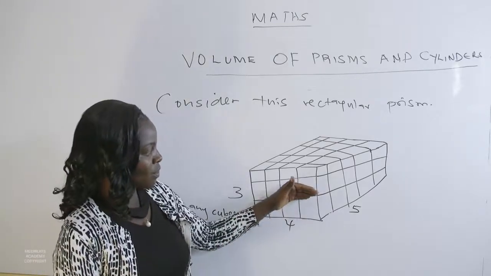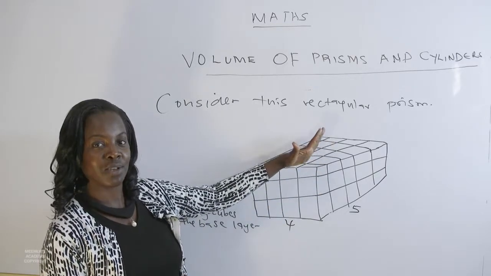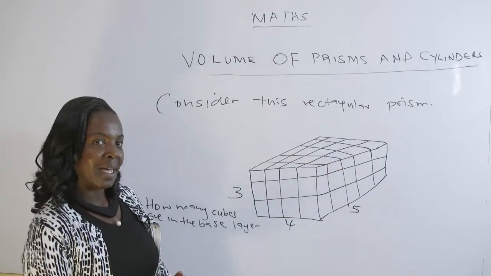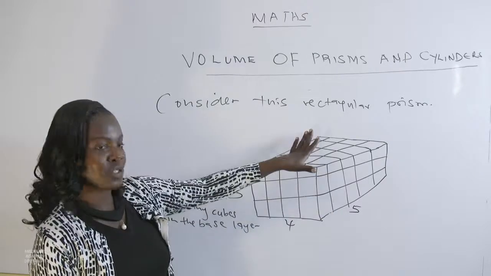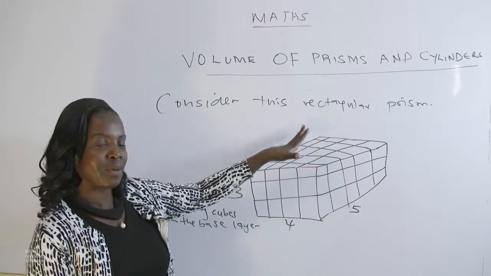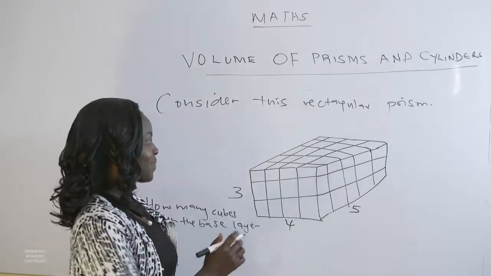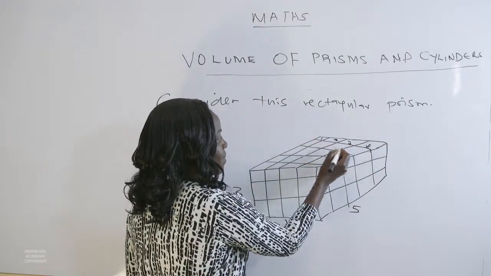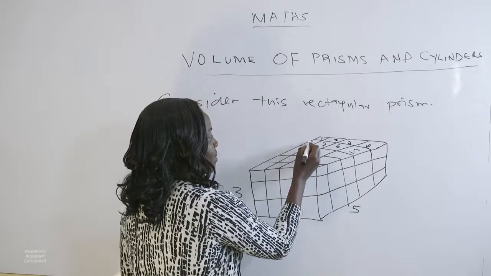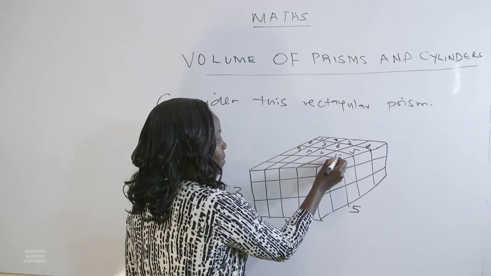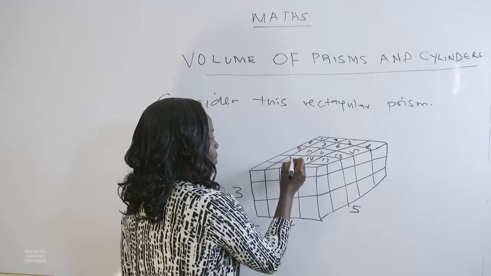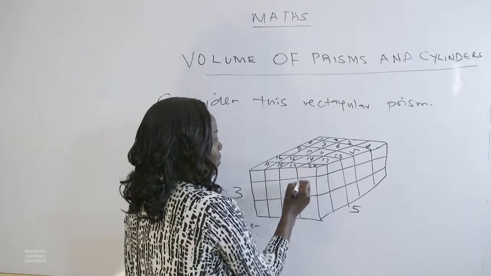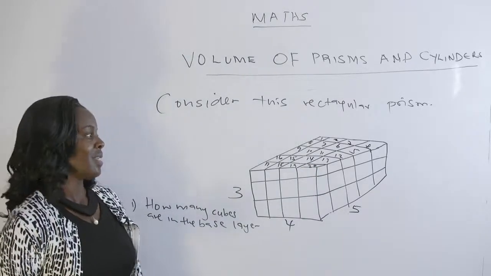We can remove the two top layers, then count one by one. Because the bottom layer is the same as the top layer, we can count using the top layer. So let us count, 1, 2... How many cubes? There are 20 in total.